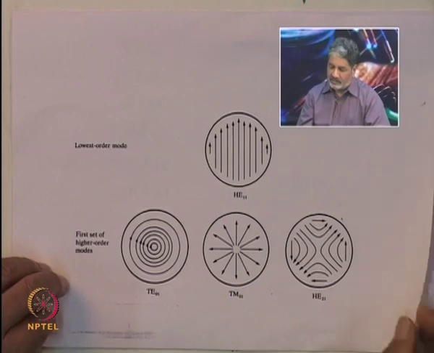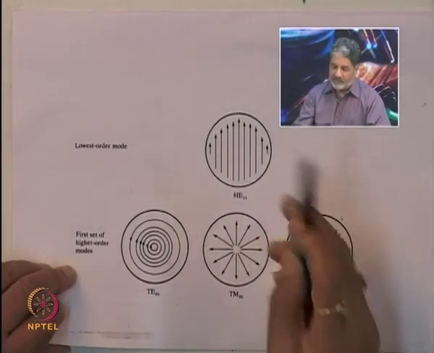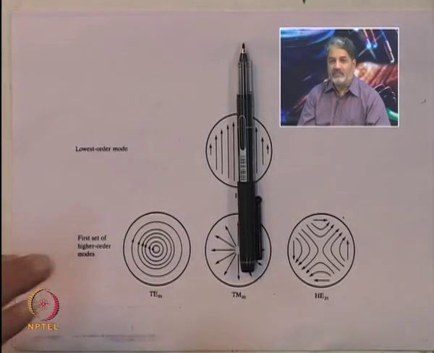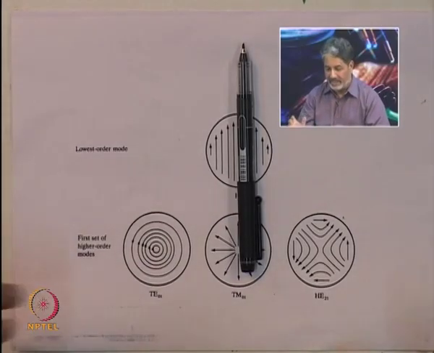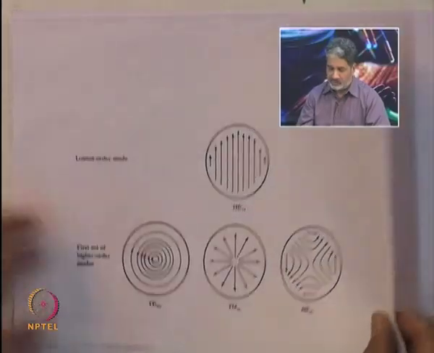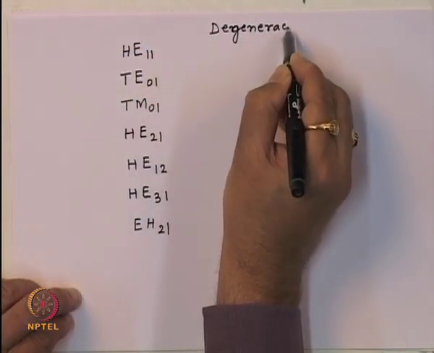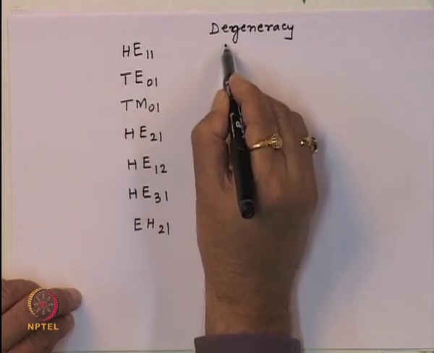That means, for this mode, we are having 2 possible orientations of electric field, which will have exactly identical propagation characteristics. So, this mode has a degeneracy of 2.